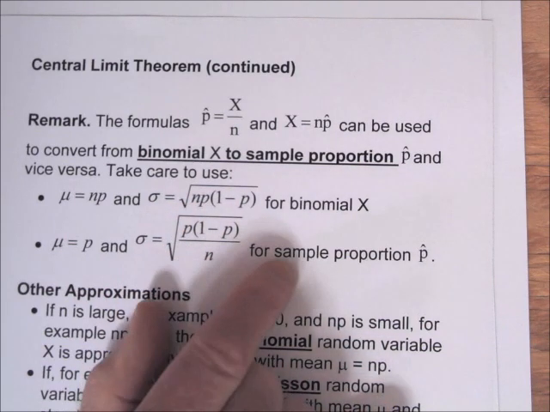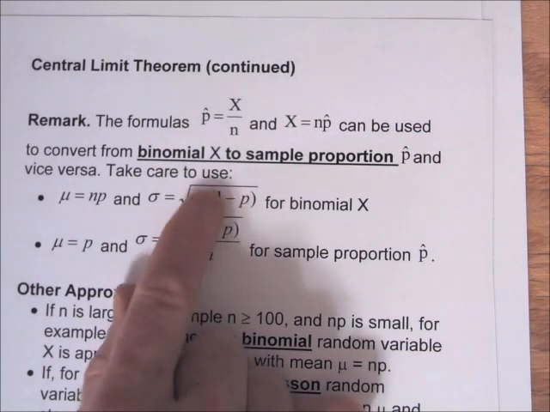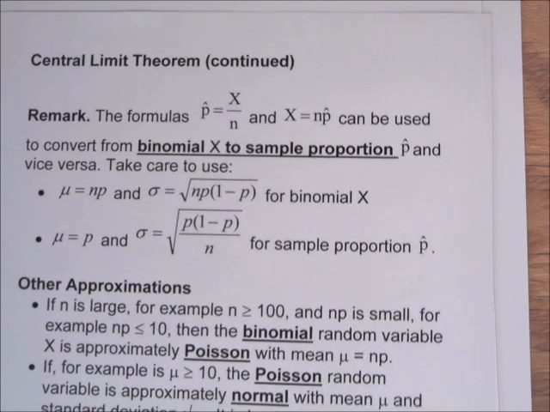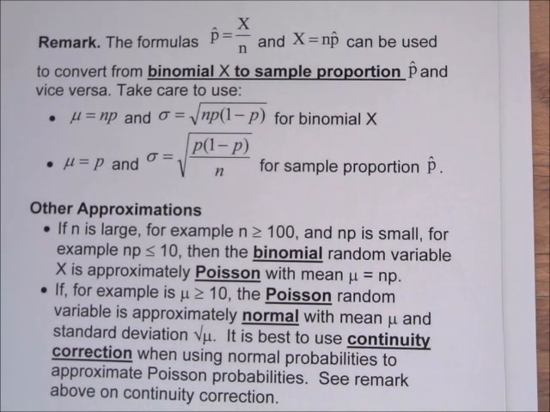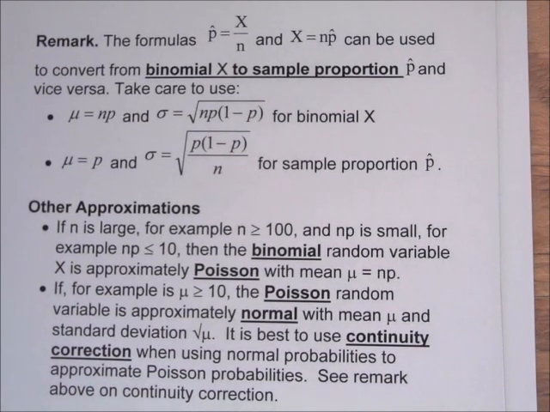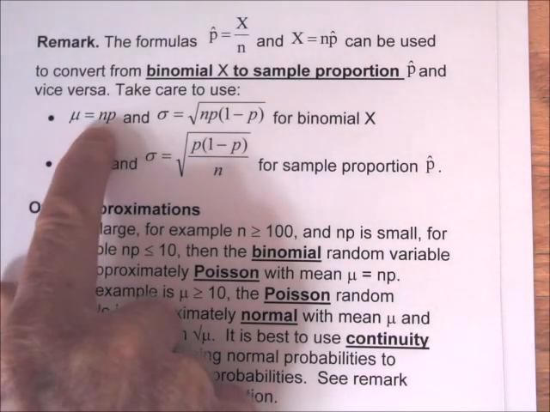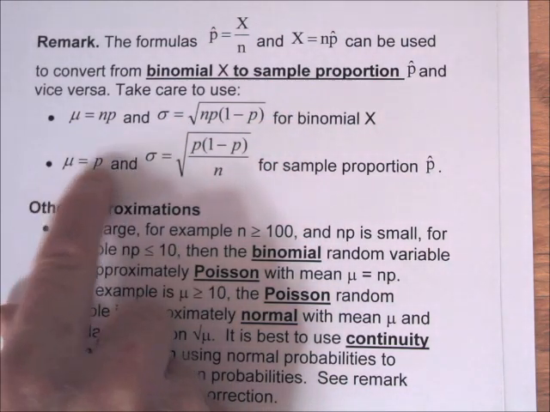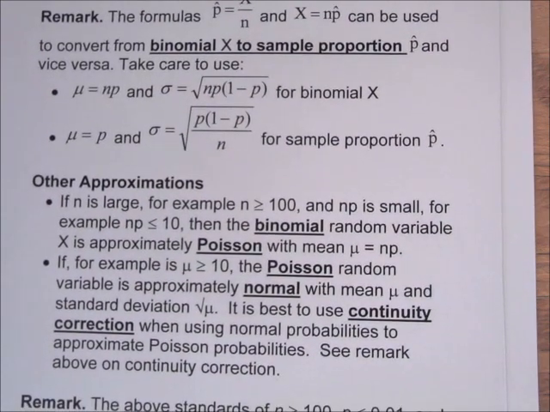Whereas for the sample proportion, the standard deviation is square root of p times 1 minus p over n. So sometimes students get one confused with the other. They're related and kind of similar, but they're different, and so it's easy to get them mixed up. But be careful to use mean n times p if it's a binomial, mean is p if it's a sample proportion, and so forth.